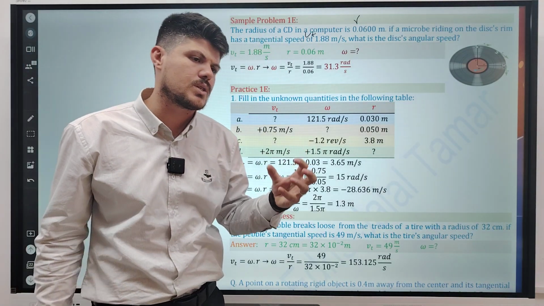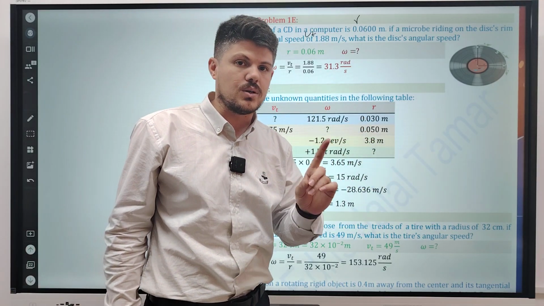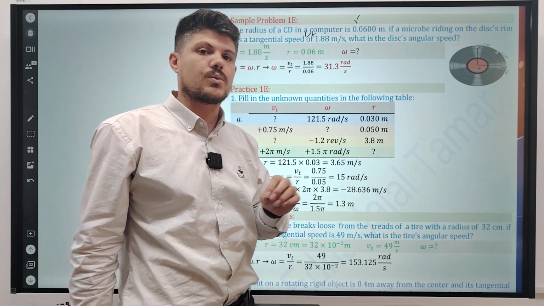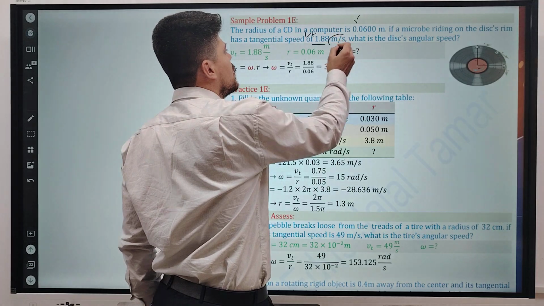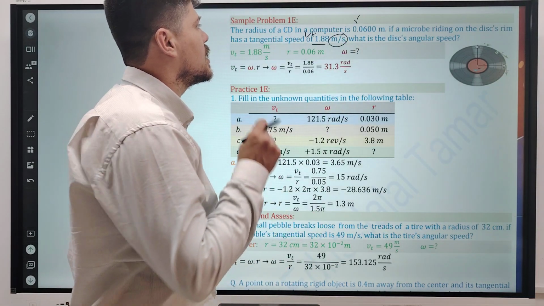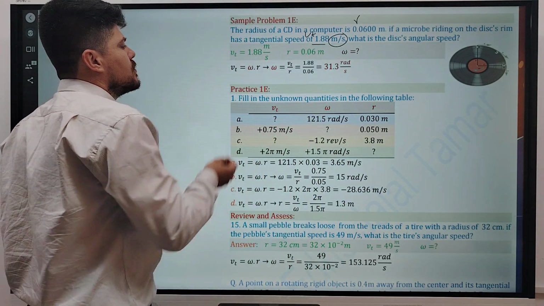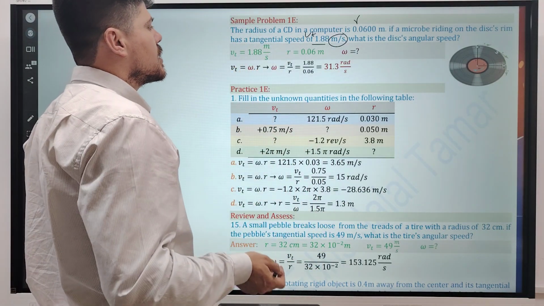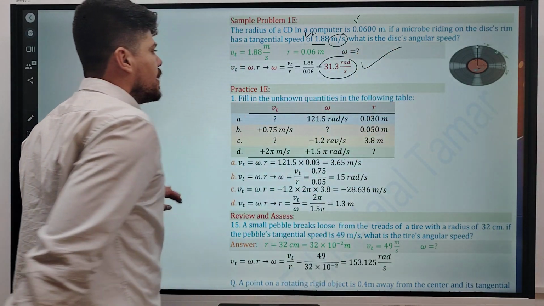In case the question doesn't mention the tangential speed, you can recognize it by the units. By the SI units, you can recognize all physical quantities. Because this number is measured in meter per second, that is why this is tangential speed. What is the disk's angular speed? Just replace. V is equal to omega R. Omega is equal to VT over R and is equal to 3.14.